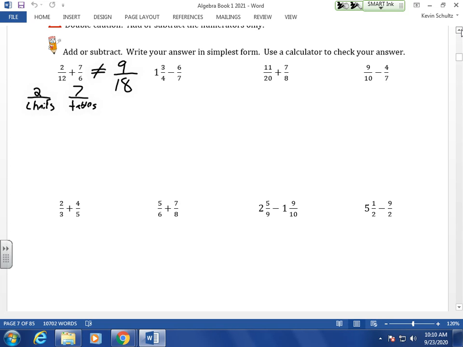Can you combine those to get 9 tables? 9 chairs? How could you combine a chair and a table? It doesn't work. They're not the same thing. Denominators, that's kind of what's going on here. You can't add twelfths and sixths because they're not the same.